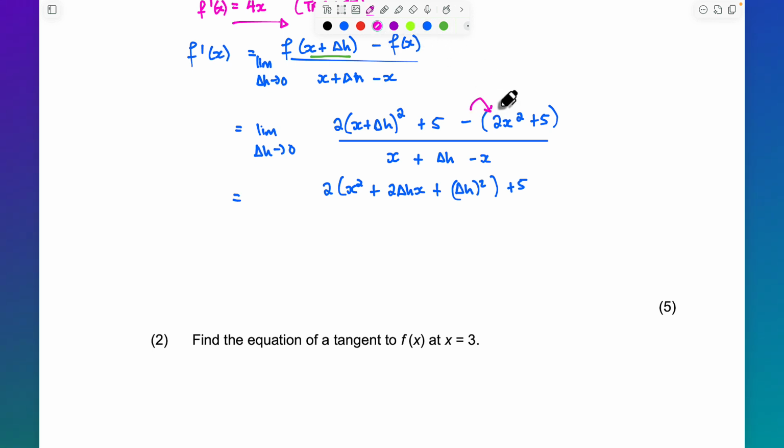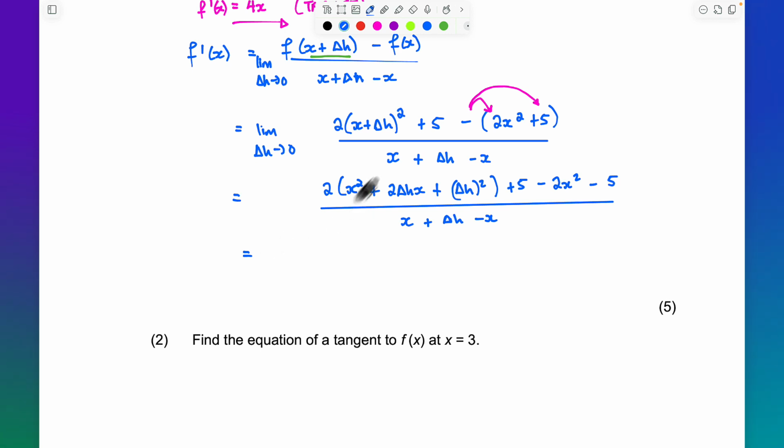So you've got negative multiplied by this, but remember it also multiplies by the positive 5. So that's going to be minus 2x squared minus 5, because negative and that positive gives us minus 5. And then this is going to be over, I'm running out of space, x plus delta h minus x.